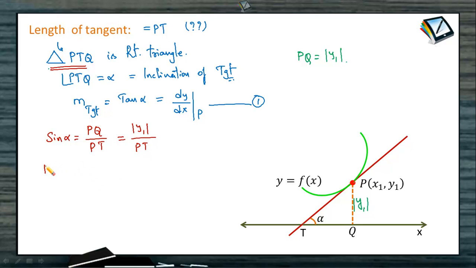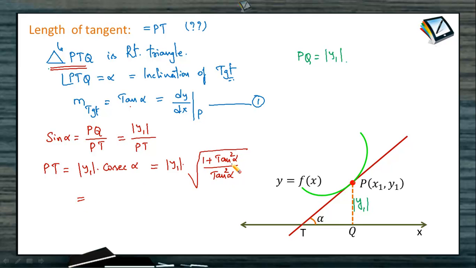Now can you tell me what is PT from this? The length of PT is modulus of y1 times cosecant alpha, but in place of cosecant alpha we know a relation in terms of tan alpha. So can we express cosecant alpha in terms of tan alpha? Yes, this can be written as modulus of y1 times square root of 1 plus tan square alpha by tan square alpha.